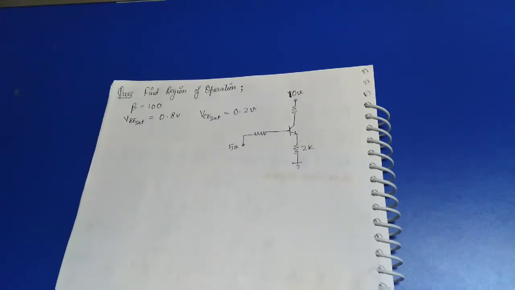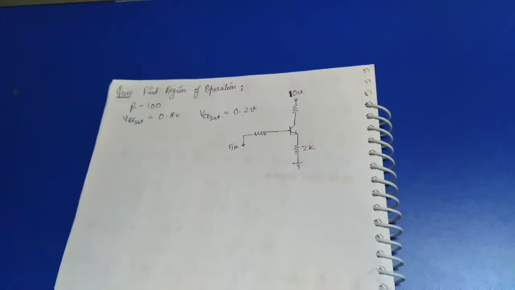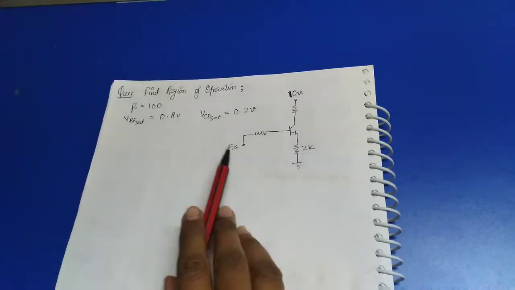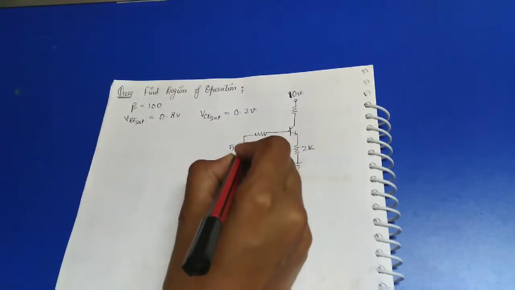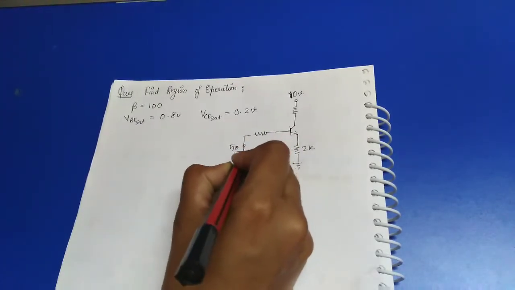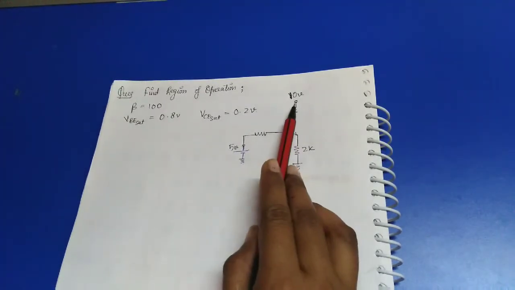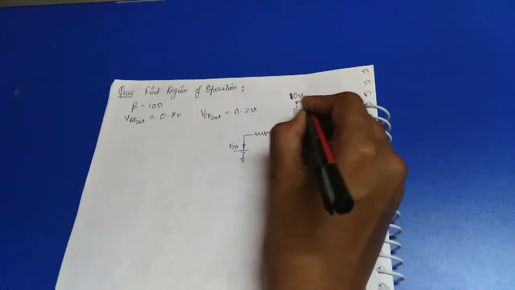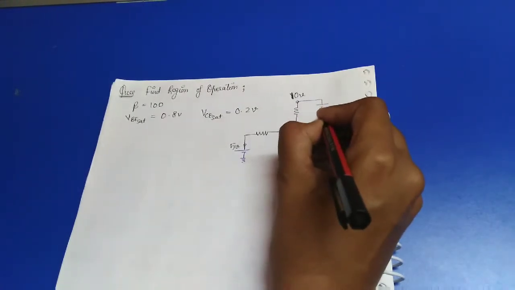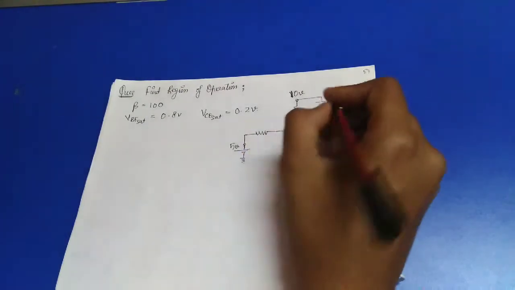First, replace these voltages with batteries if you are not comfortable using these values. I am replacing this with a battery and it is also grounded. This is also a DC voltage, so I am replacing this with a battery. That's it. 10 volts.